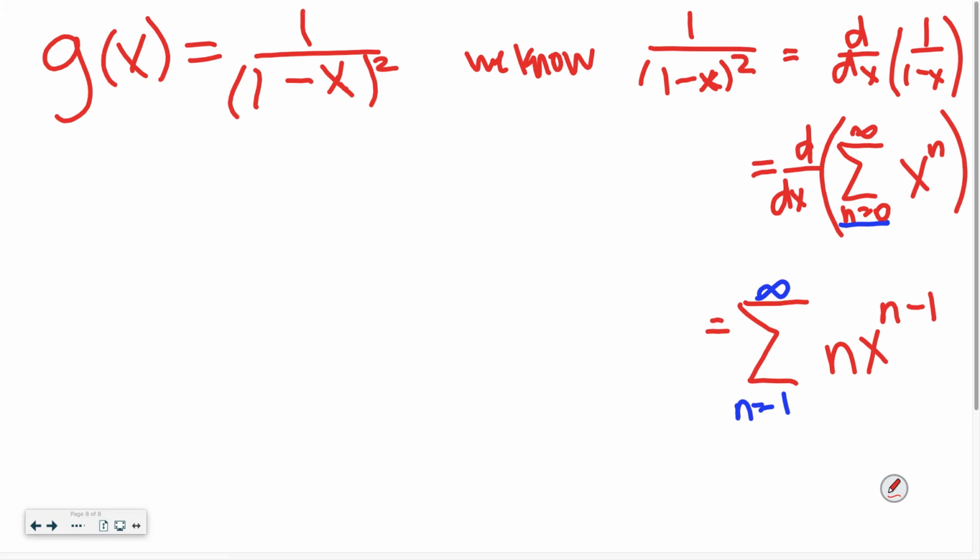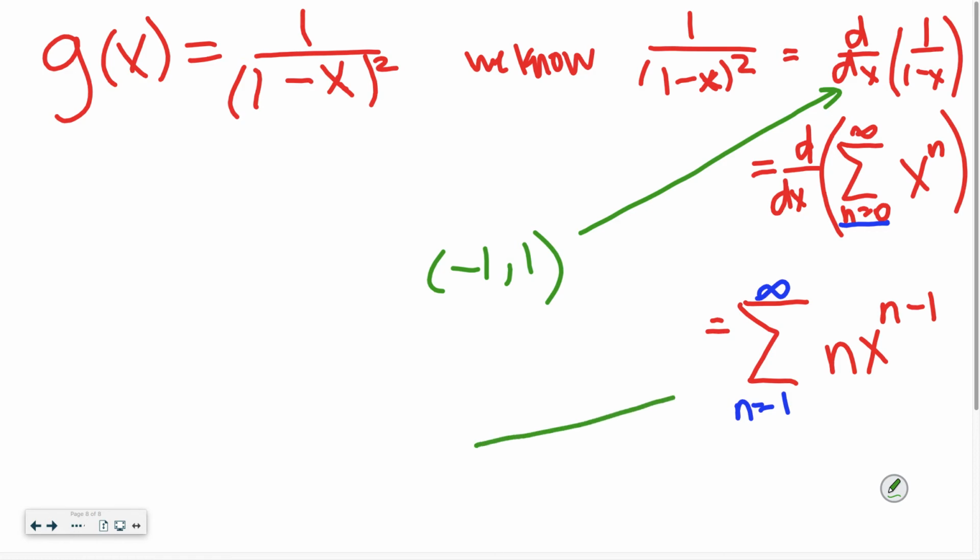Otherwise, you would have x to the negative 1 power, and that's not okay. This had an interval of convergence negative 1 to 1. This has an interval of convergence negative 1 to 1.